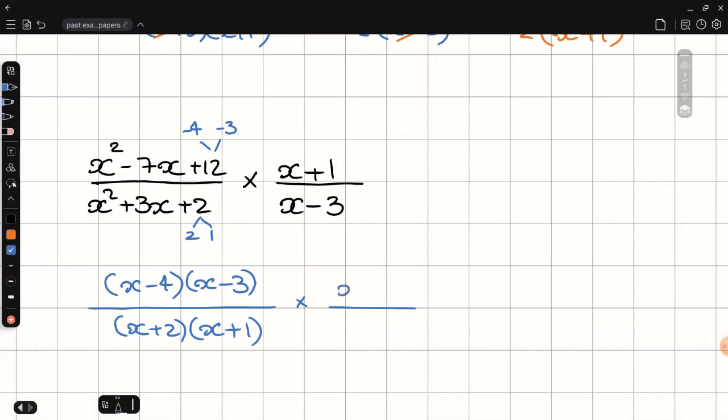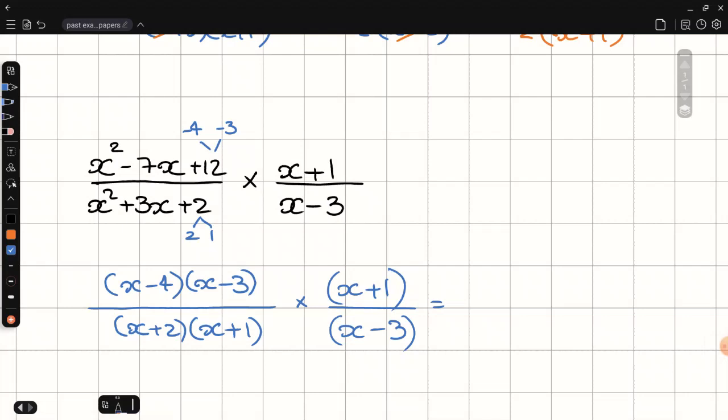So what I'm going to do is copy down what we already have, and then look at whether there is any common factor. Normally, when I have the expression, I like to put them in brackets. It's much easier when I'm cancelling out.